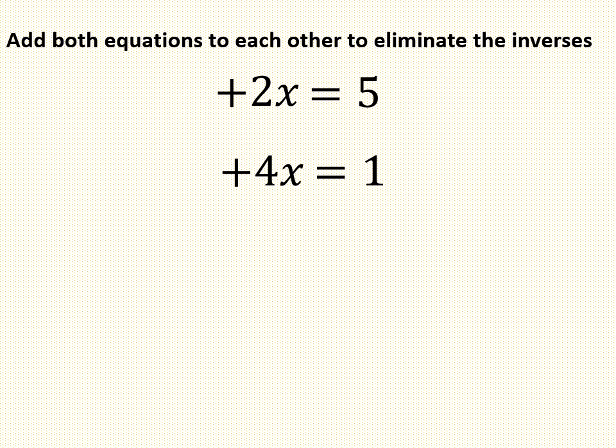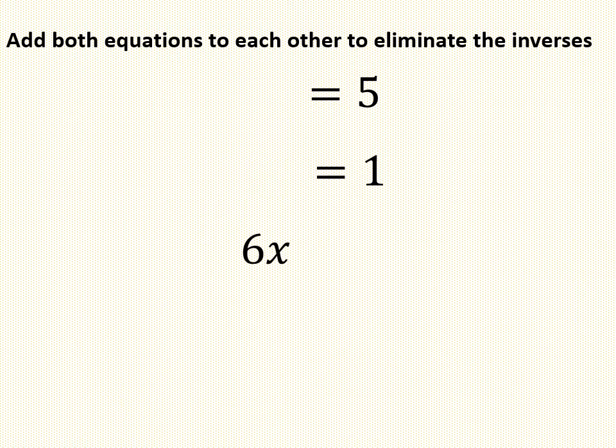Y minus y is 0. 2x plus 4x is going to be 6x. And then 5 plus 1 is going to be 6. So now we have a one-step equation that we need to solve to find the second variable.